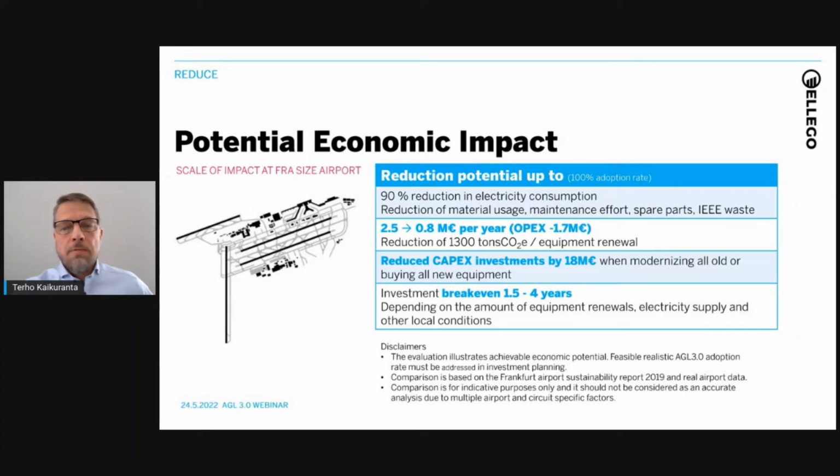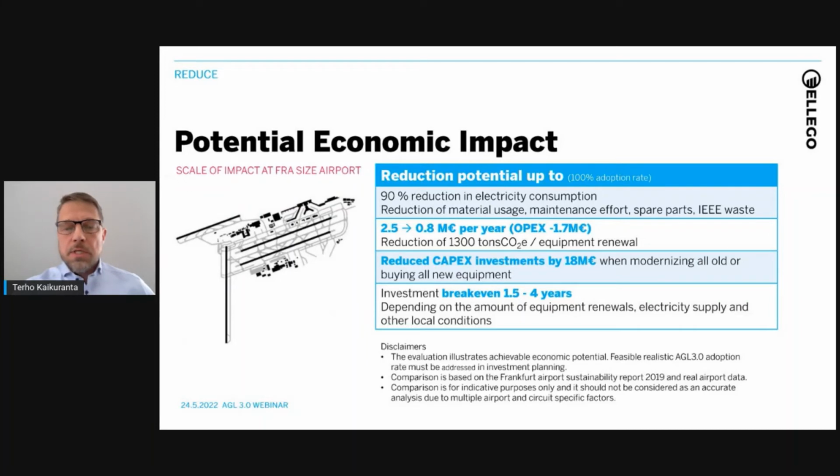Based on that calculation, we can evaluate that the OPEX spending used for the airfield lighting could go from 2.5 million euros per year down to 0.8 with related CO2 emission reductions as well. And in case new equipment would be bought, the capex investment would be 18 million euros lower based on this estimated smaller and thinner transformers and cables and systems.